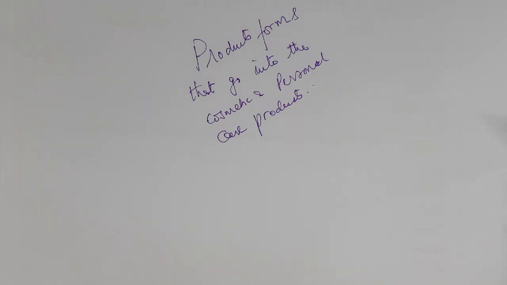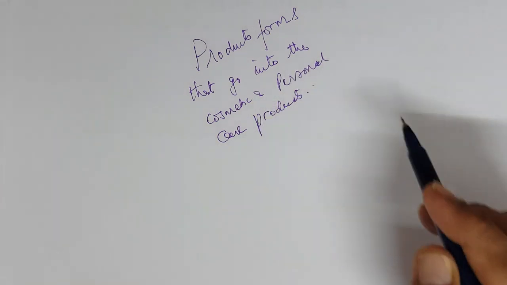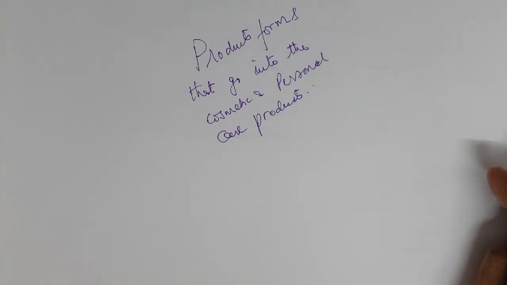and subsequently we will discuss each and every product form and each and every building block. For each product form that goes into the cosmetic and personal care products, there are ingredients that go into it. Those ingredients I usually call building blocks.